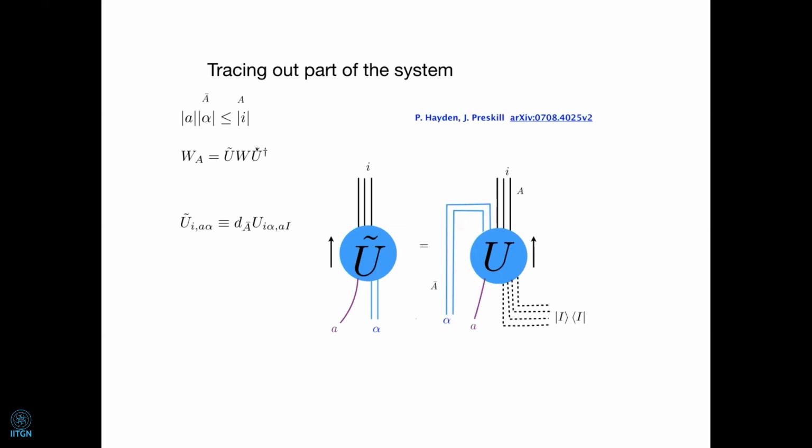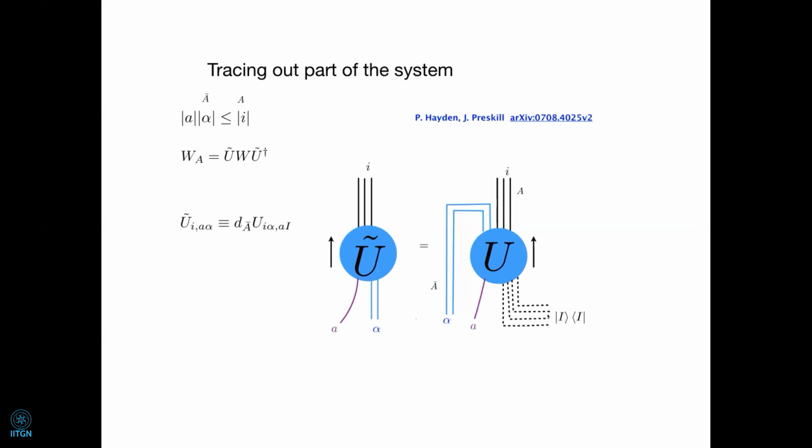Here is the definition of U total. Again, we start from the black hole initial state I and throw in a spin. After the time evolution, I divide it into 2 parts, A and A bar.